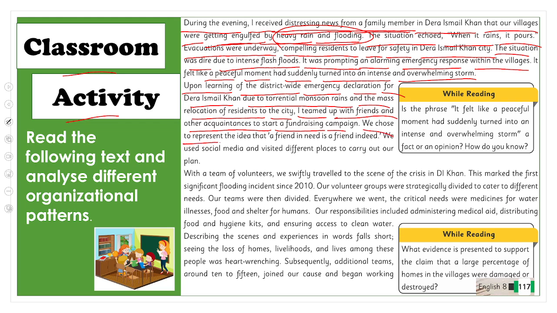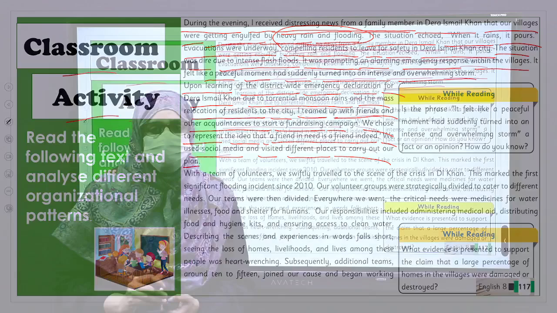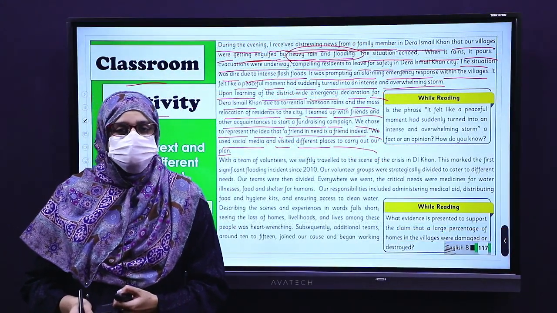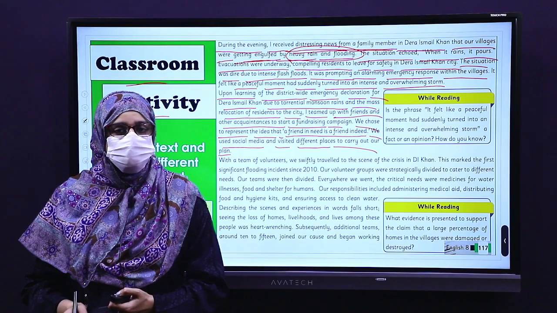We chose to represent the idea that a friend in need is a friend indeed. We used social media and visited different places to carry out our plan. So, can you please tell me what organizational pattern is being used here in this paragraph?